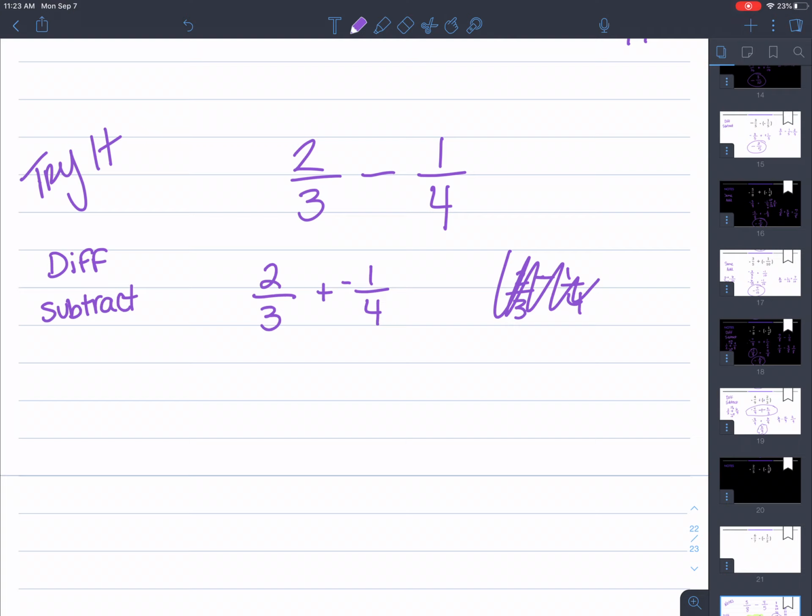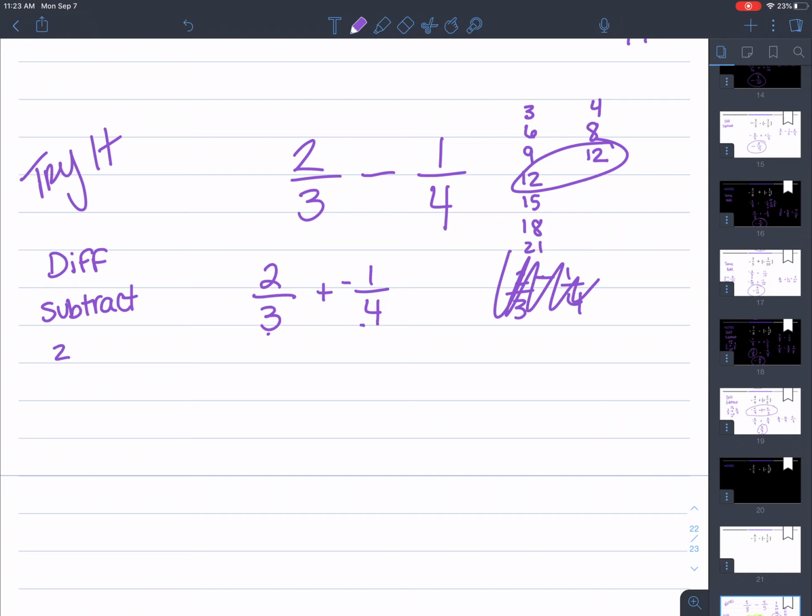I'm going to find a common denominator between 3 and 4. I'm going to make multiples of 3 until I'm happy. Let's do a couple more. Then I'll do multiples of 4 until I see one in the same. They don't have 4 in common, they don't have 8 in common, but they do have 12 in common. So 12 is what I'm going to use.